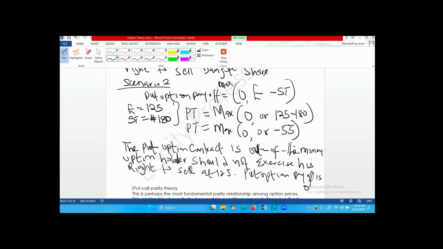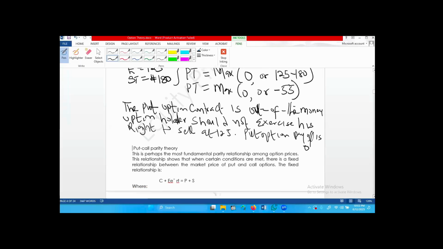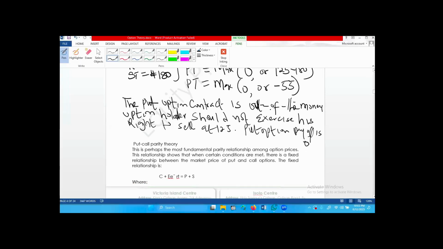We have illustrated both the call option and the put option.